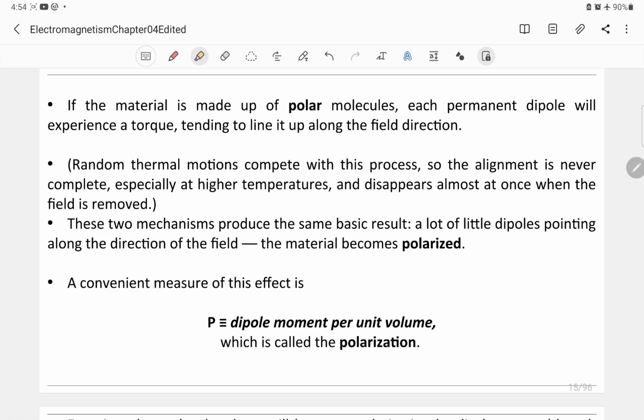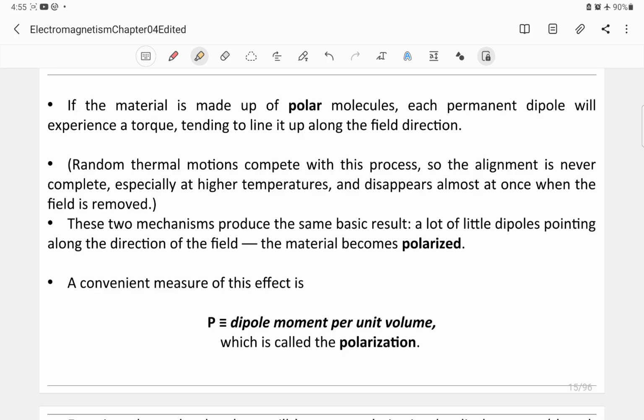At a higher temperature, especially when you have really high temperature, that would tend to make the atoms move in random motion. So it's a different kind of situation.